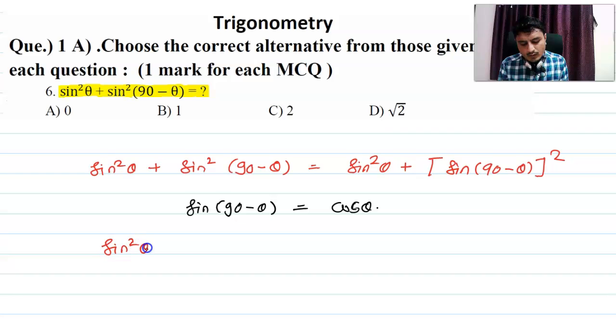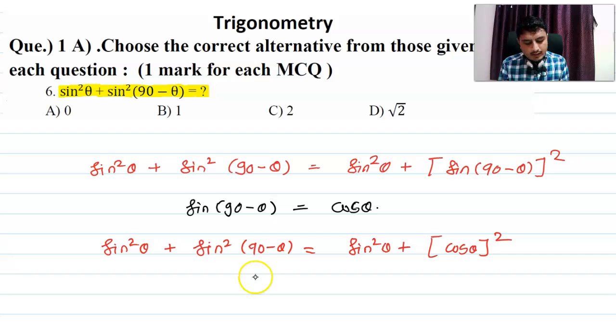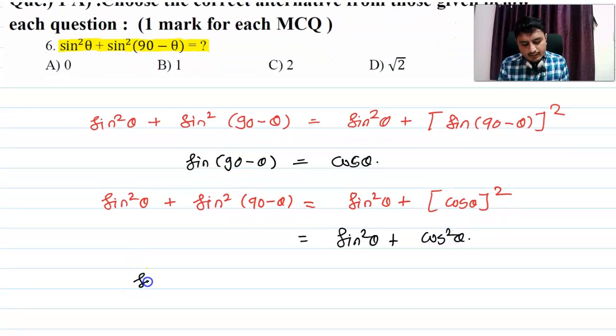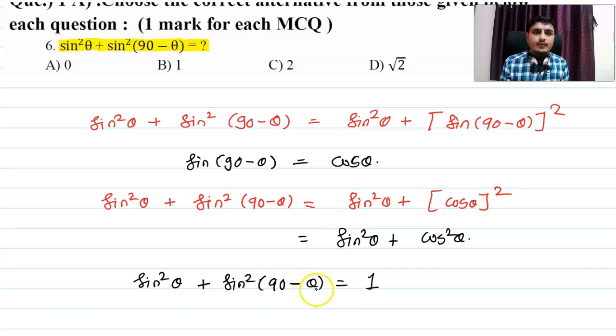So we are getting sin square of theta plus cos theta, the whole square. Now we can write cos of theta the whole square as cos square of theta. And as per the trigonometric identity, sin square of theta plus cos square of theta is equal to 1. So the value of sin square of theta plus sin square of 90 minus theta is equal to 1. So the correct choice is choice B, 1.